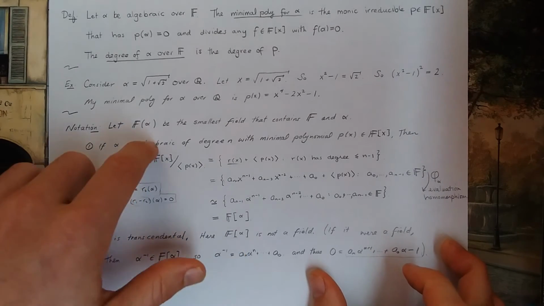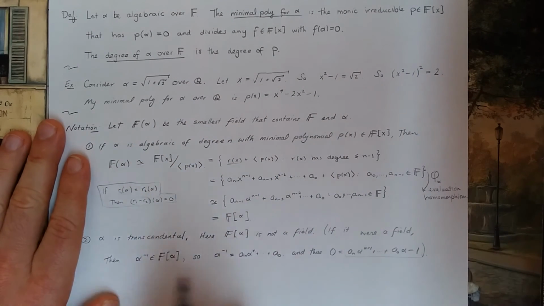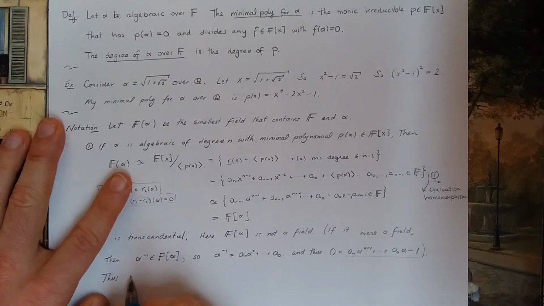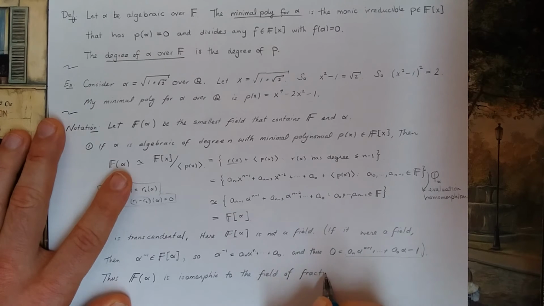So if I want the smallest field that contains F and alpha, I can say that this F adjoined alpha, the smallest field that contains both F and alpha, is isomorphic to the field of fractions for this polynomial ring with coefficients in the field.